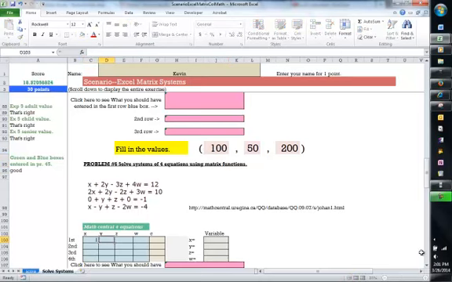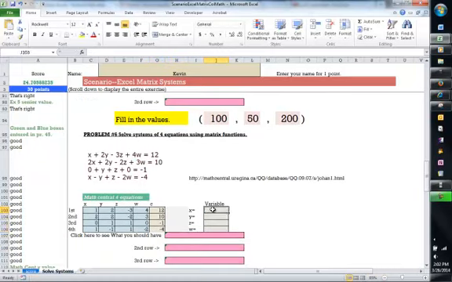We have 1x, 2y, negative 3z, 4w add up to 12. 2x, 2y, negative 2z, 3w add up to 10. 0x, 1y, 1z, 0w add up to negative 1, and 1x, negative 1y, 1z, negative 2w adds up to negative 4. You can see how the more variables you have, the operation doesn't change any.